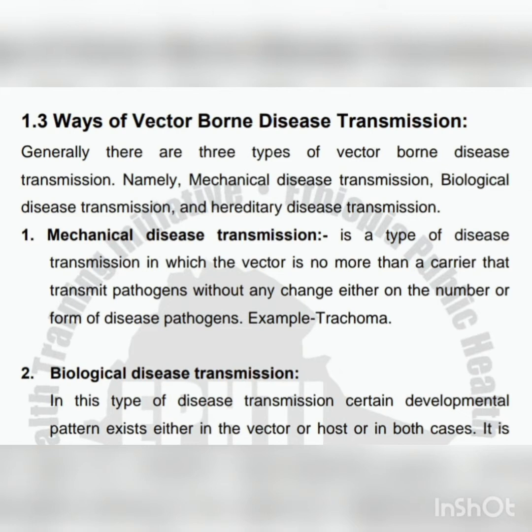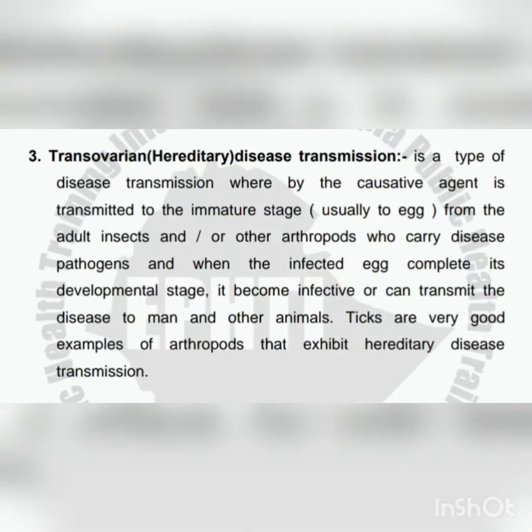The pathogens are transmitted from one organism to another without any change either in the number or form of the disease pathogen; they are just carried from one place to another. An example here is trachoma.